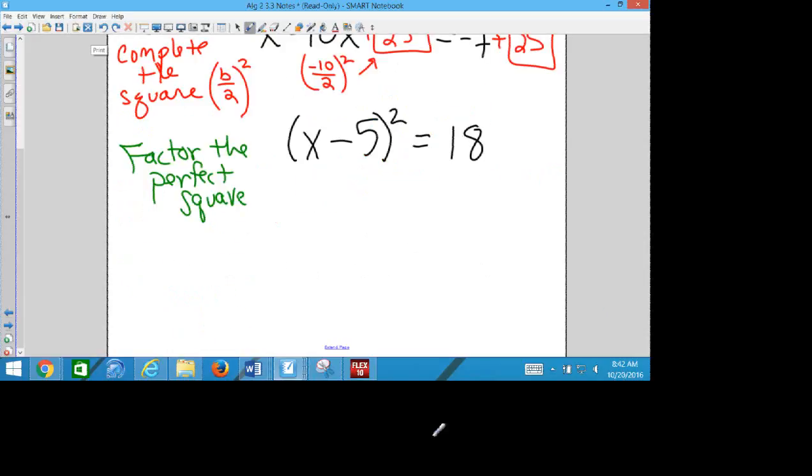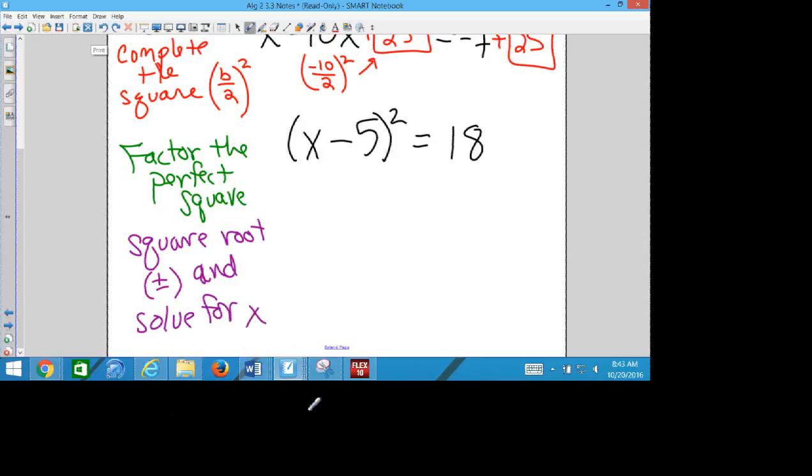We are still solving to find x. So this should look like something else we've done today. Right, exactly, thank you. We're now going to square root, and remember we need a plus minus when we square root. And solve for x.